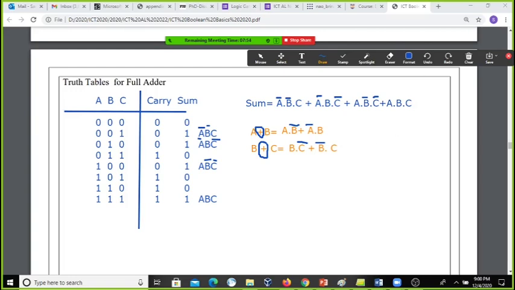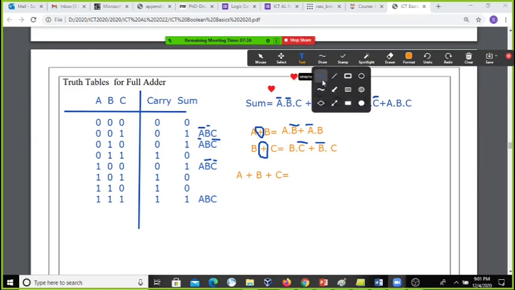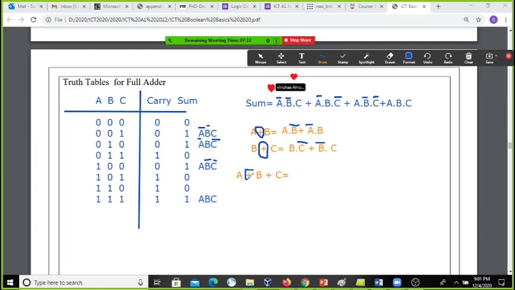Okay. Now, if I have A exclusive B exclusive C, if I have expressions like this, that is basically we have the A exclusive B and B exclusive C. So what is the answer?